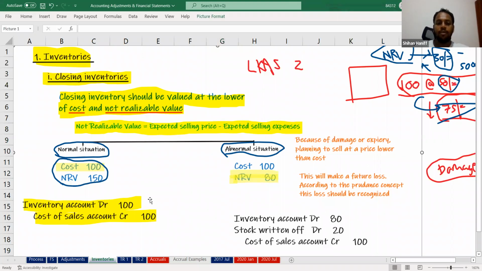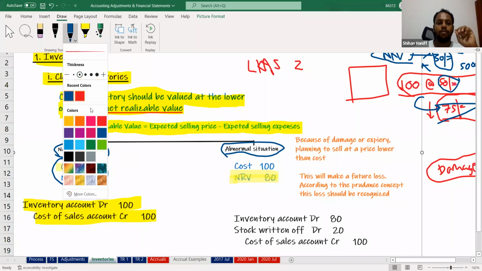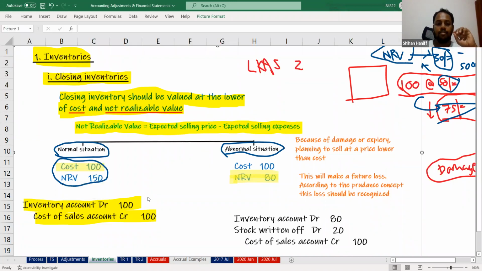Inventory account means, where do you have inventory account? It's in the balance sheet, the statement of financial position, under current assets. So one entry of the closing stock goes to the statement of financial position, where under current assets the first item is inventory.